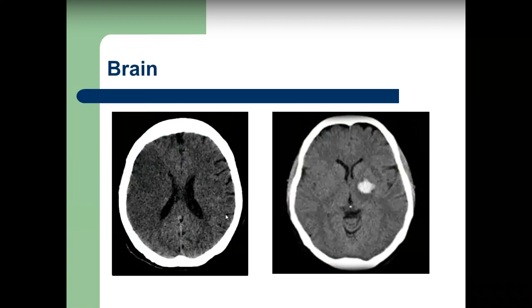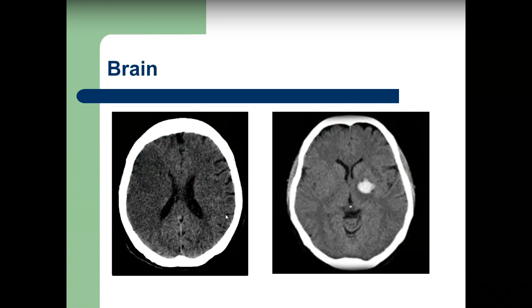At late time, I think at 6 or more hours after a stroke, of course, we can use routine CT. On the left, you can see a big hypodense zone in the right hemisphere.